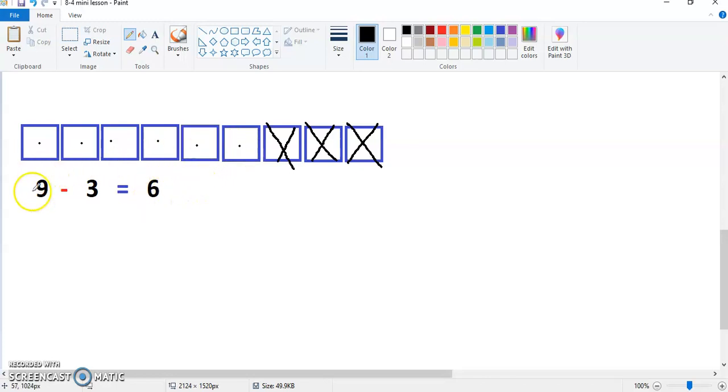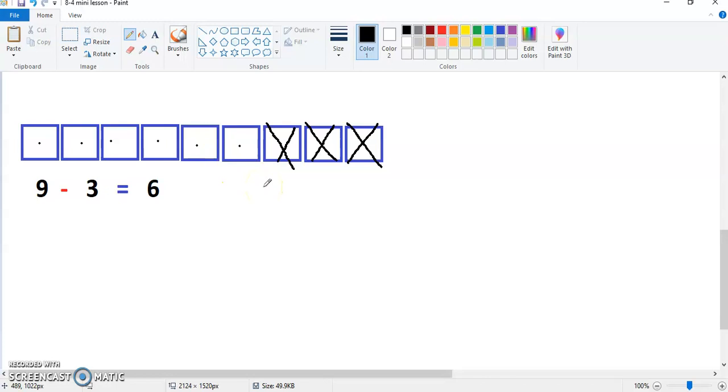So looking at our number sentence, we started with 9 connecting cubes. We X'd out 3 because this says take away 3. Then we are left over, that's equals 6. There are 6 left over. So we showed that with our connecting cubes.